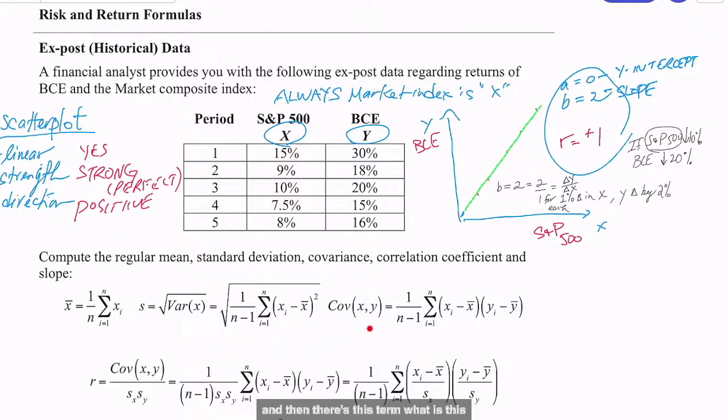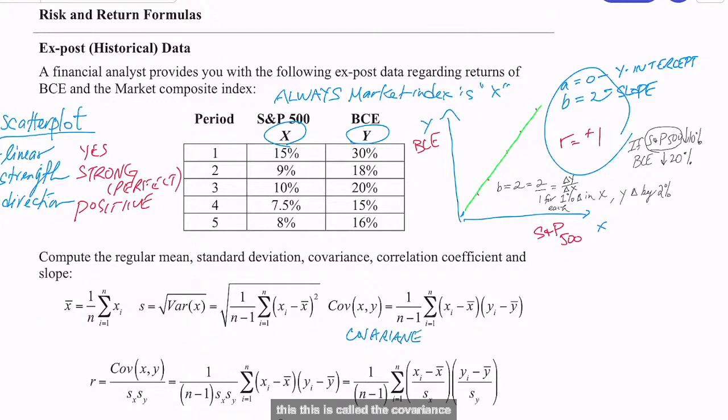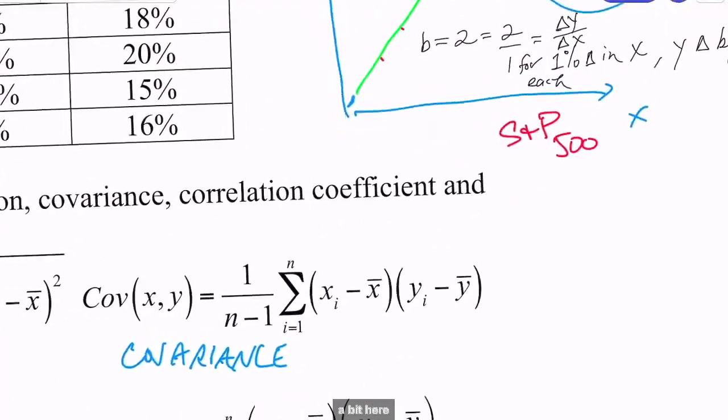And then there's this term. What is this term? This term is a more general version of this. This is called the covariance. Why? Let me expand this a bit here.